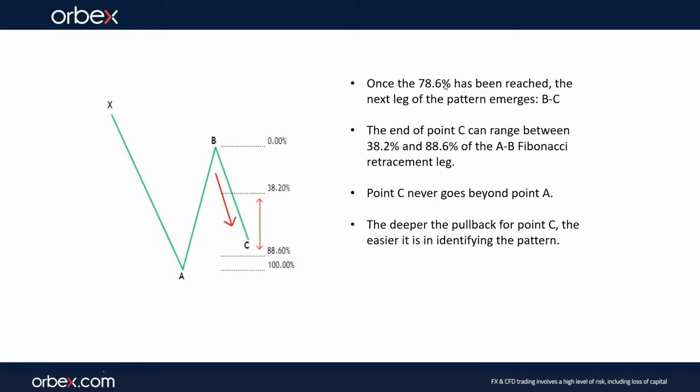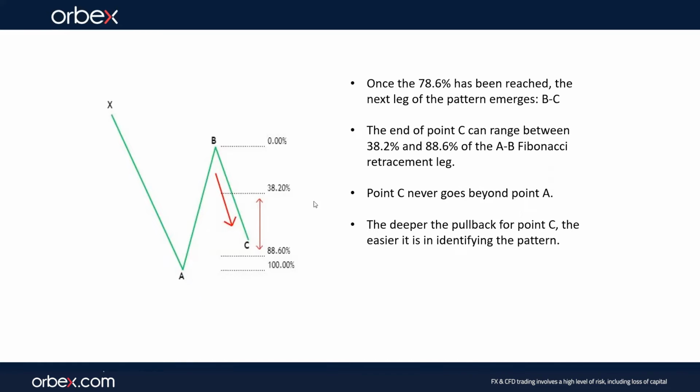Now, once the 78.6 level has been reached, the next leg of the pattern is B to C. Now, it's important to know that all the patterns have this XA, AB, BC, CD. It's just how we find it is different every time.